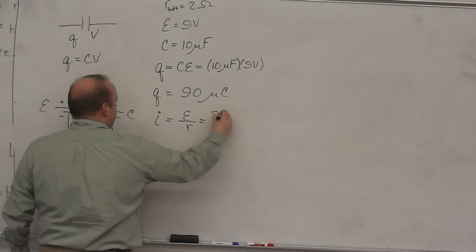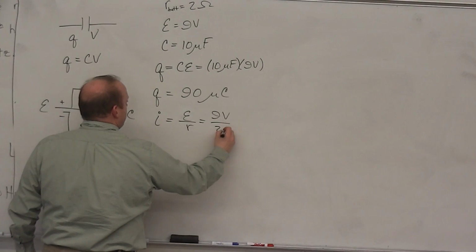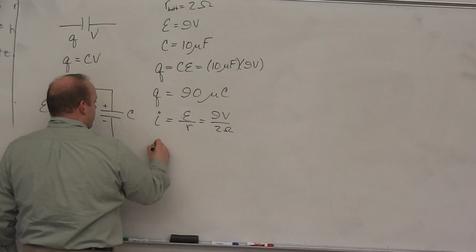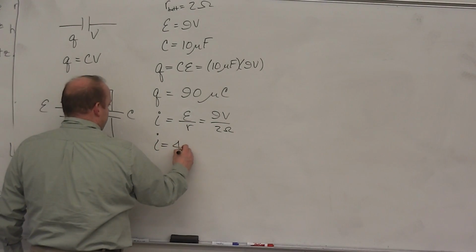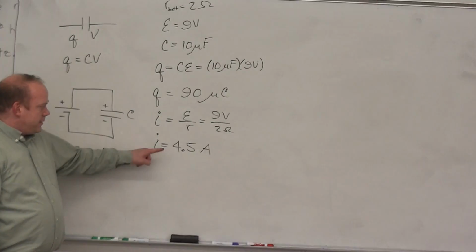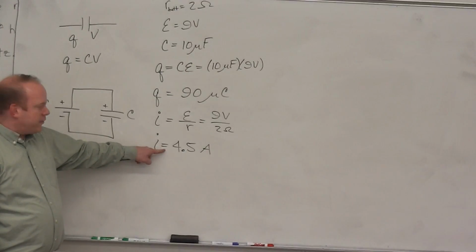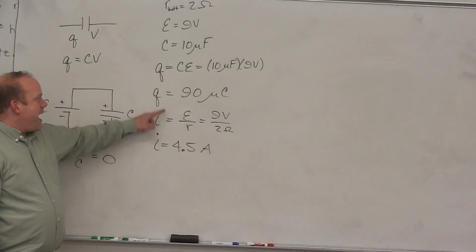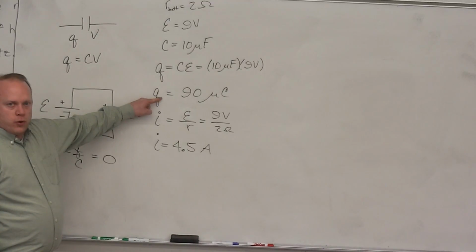This is 9 volts over 2 ohms, and that current is 4.5 amps. This means every second this current is delivering 4.5 coulombs of charge. I only need 90 microcoulombs.